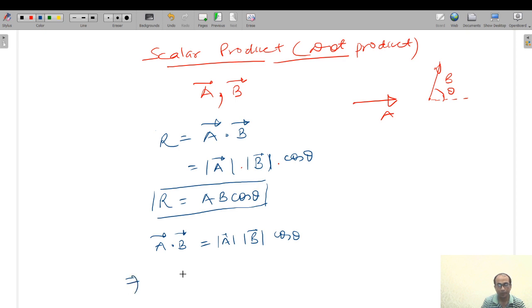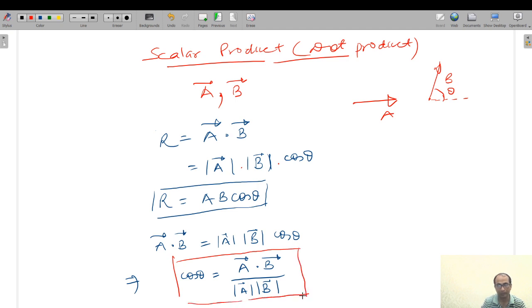So what is theta from here? Theta is the angle between the two vectors, right? So we can obtain this if we are given A dot B and the magnitudes of the vectors. If we know A dot B and the magnitudes of vectors A and B, then we can find the angle between the vectors by using this particular formula. So this you can use to find out the angle between two given vectors.